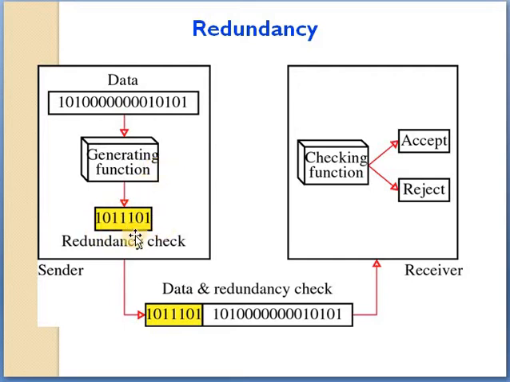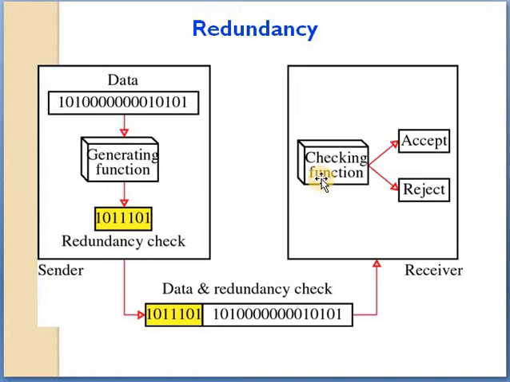The data unit, now enlarged by several bits, travels over the link to the receiver. The receiver puts the entire bit stream, data and redundancy check, through the checking function.